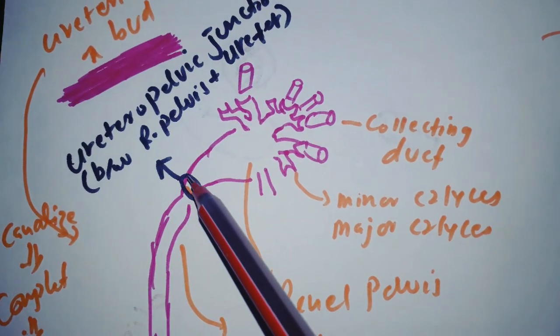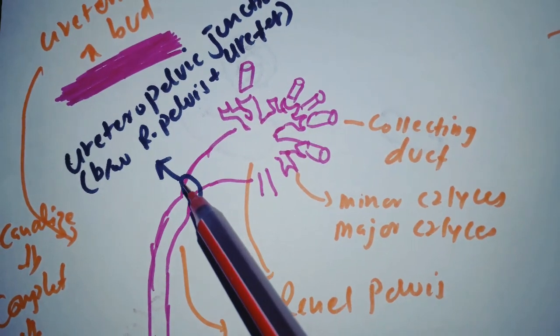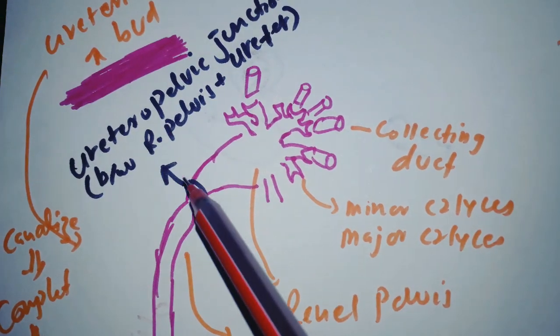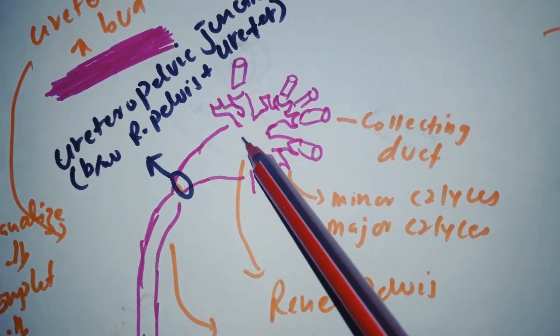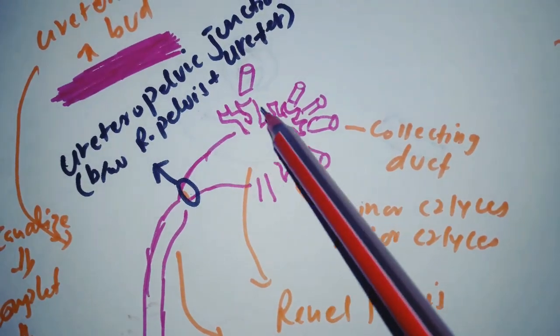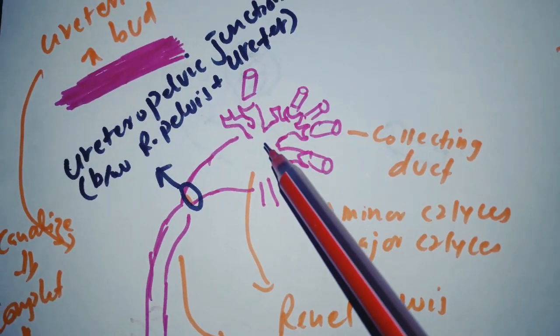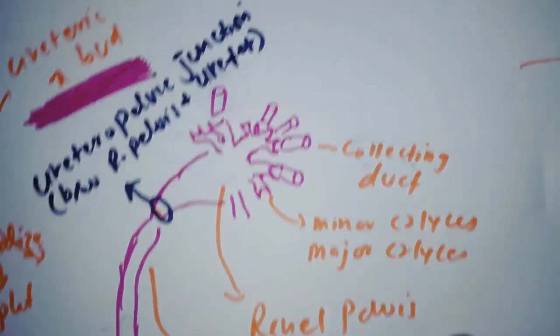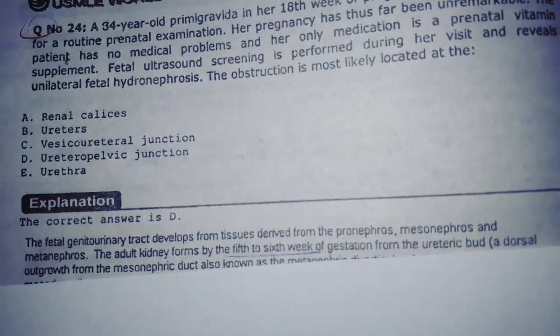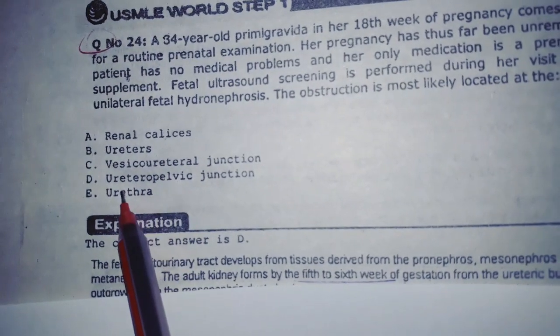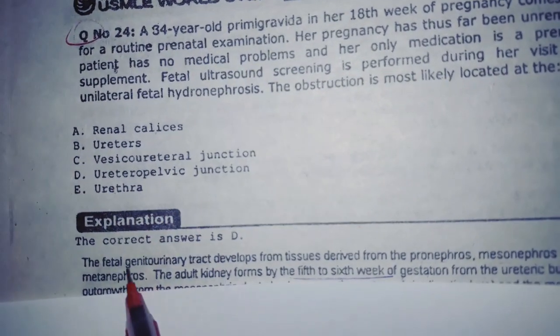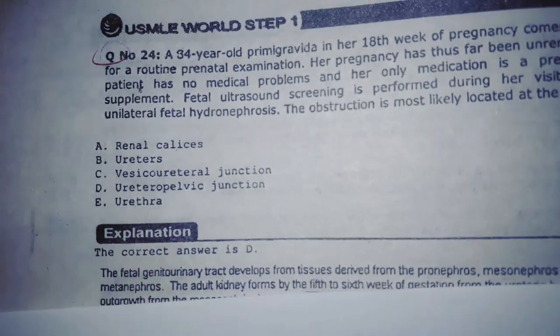If canalization doesn't occur at this area, it is the most common area for obstruction, and if obstruction occurs here, urine will collect in the kidney, and the kidney will swell up, and that is called hydronephrosis. So our answer is going to be ureteropelvic junction. The correct answer is D.